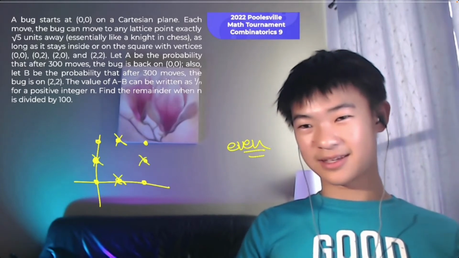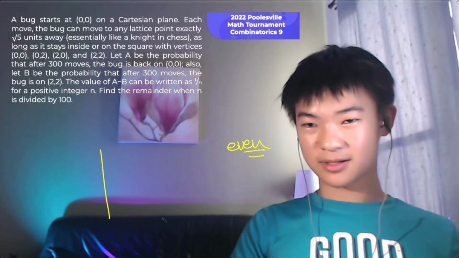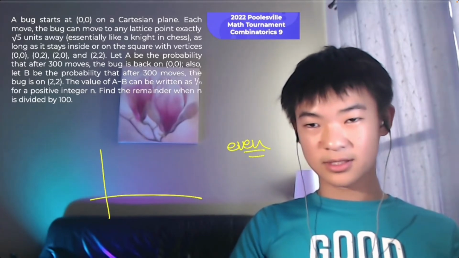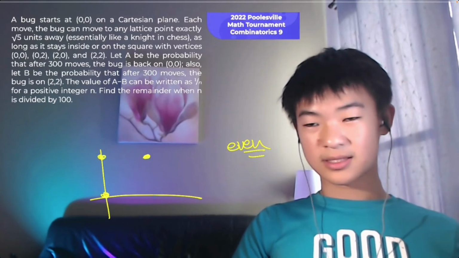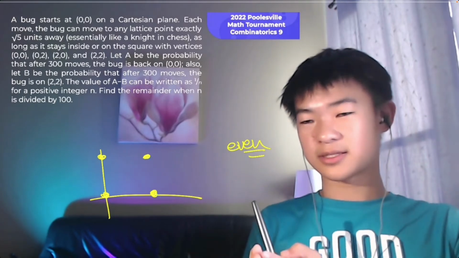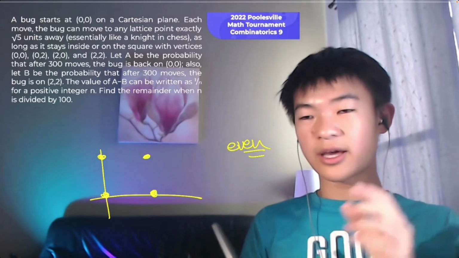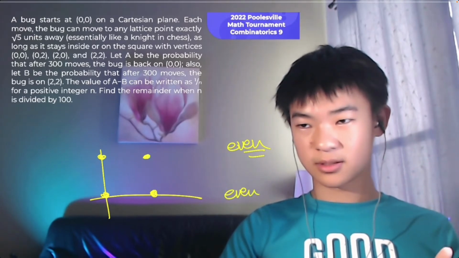So in reality, we're left with 4 possible points. This, this, and this. However, in the process, on every even move, we land on one of these points.